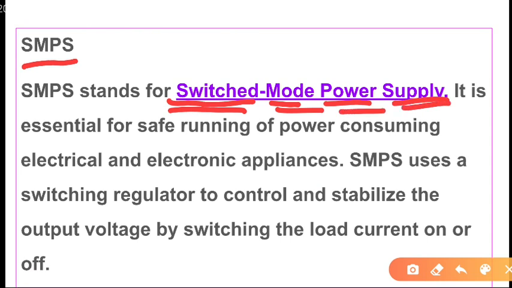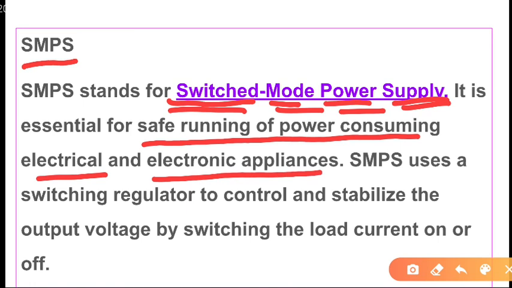Now, what is the use of SMPS? It is essential for safe running of power consuming electrical and electronic appliances. What does it mean? It means that in order to protect all your electronic components that are inside your computer, SMPS is used.